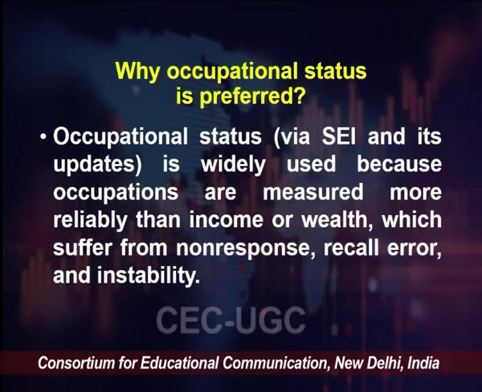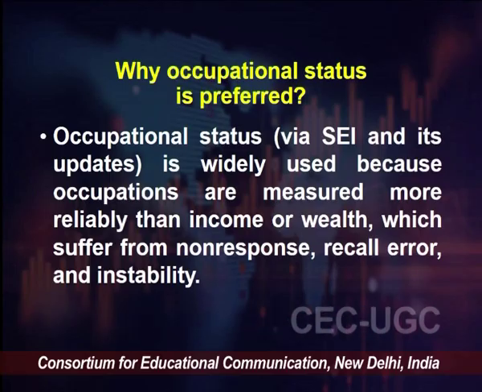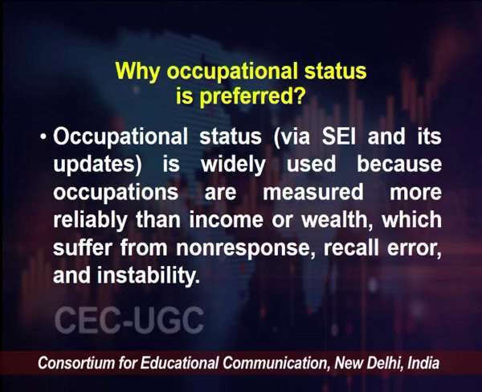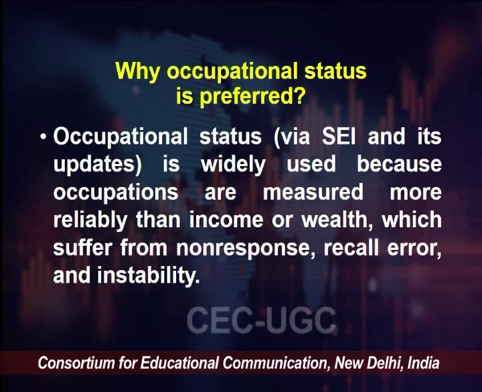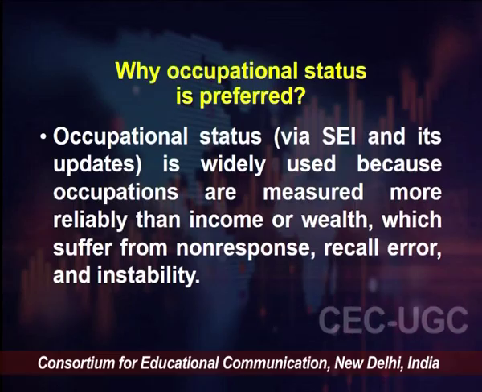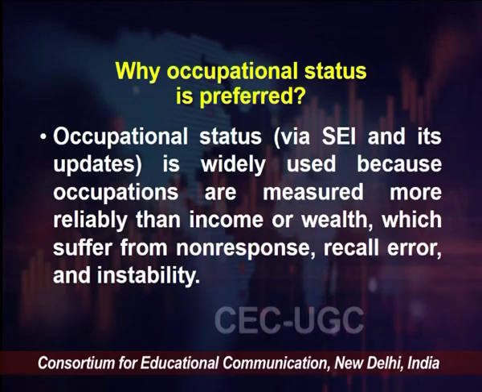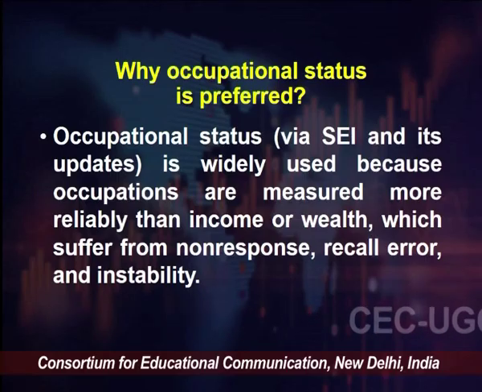So, why is occupational status preferred? Occupational status via the socioeconomic index and its updates is widely used because occupations are measured more reliably than income or wealth, which suffer from non-response, recall error, and instability.